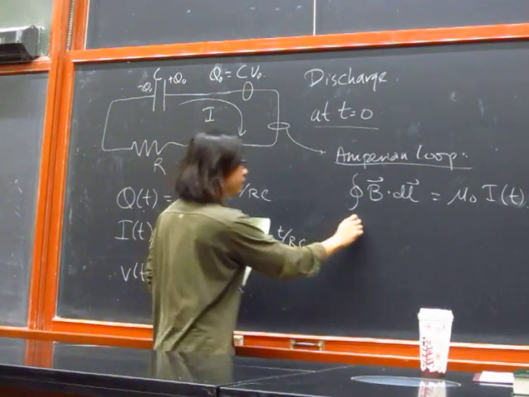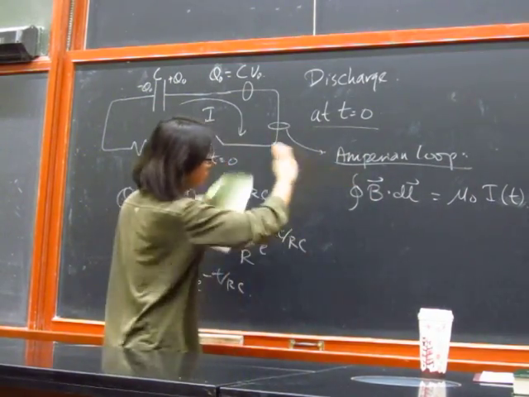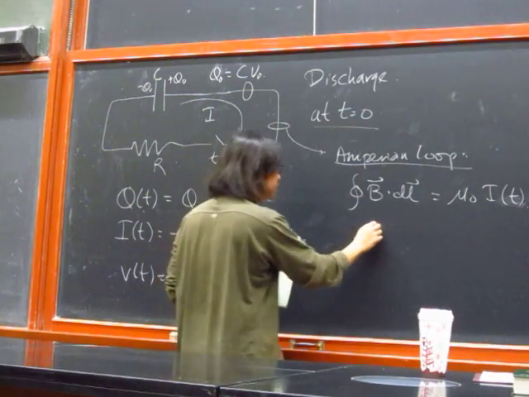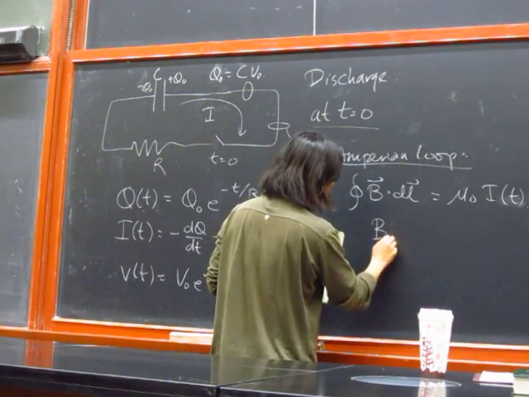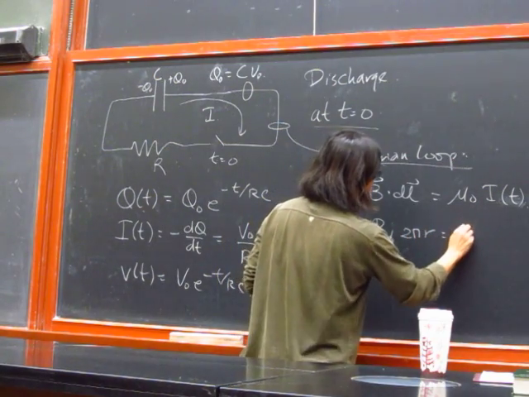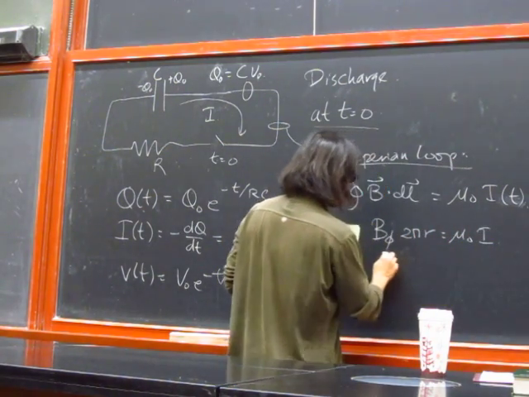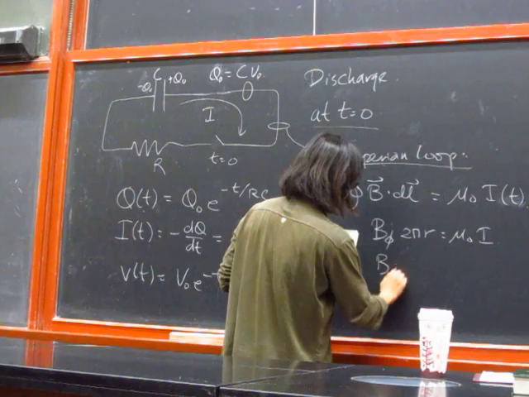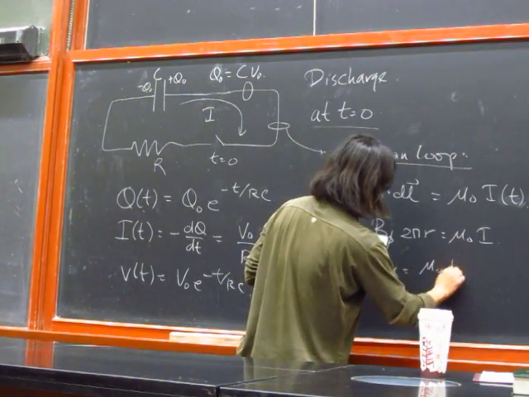And it's just the usual consideration of symmetry, and you'll find that B, which is in the tangential direction, times 2 pi r is equal to mu naught times I.